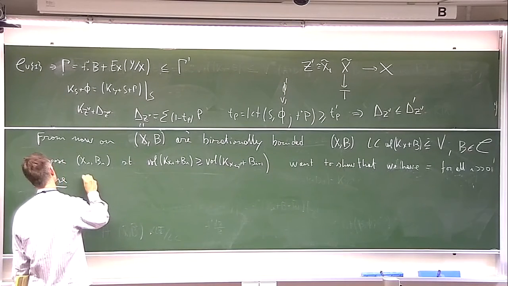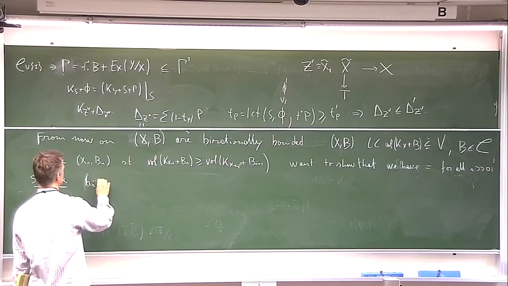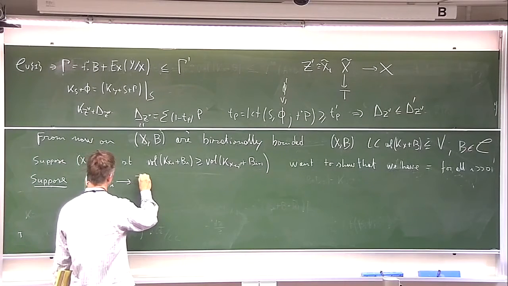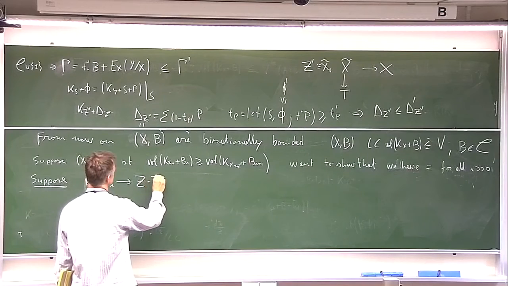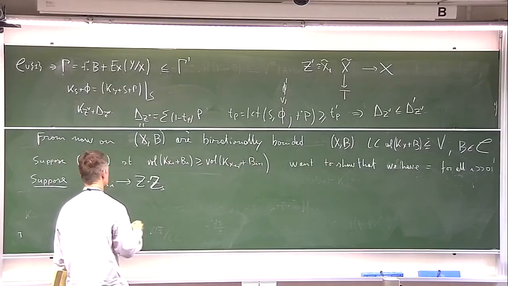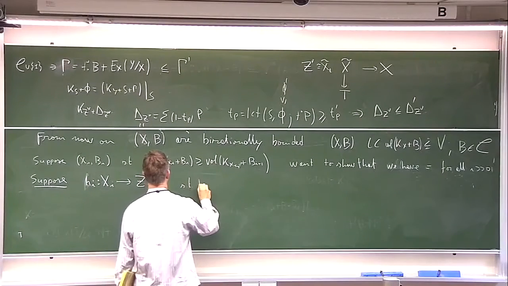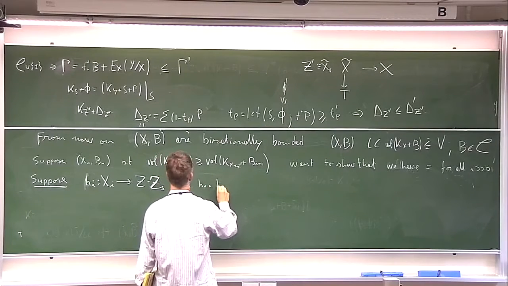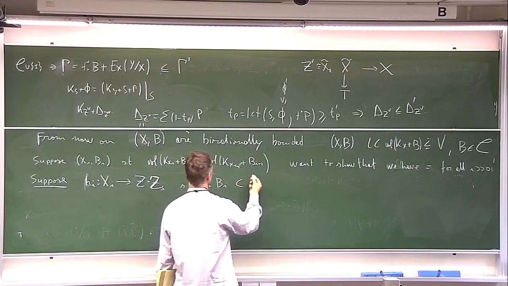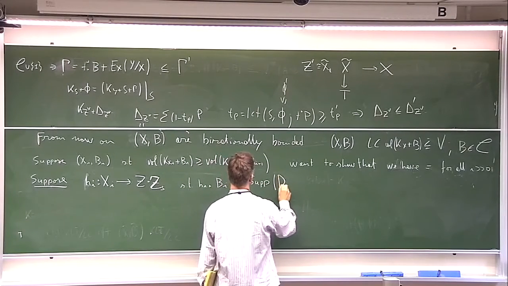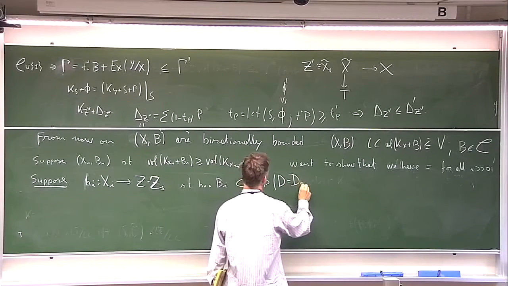So suppose that we have morphisms h_i from X_i to a fixed Z. So this is, of my fancy family, this is just one fiber, such that h_i lower star of B_i is contained in the support of the divisor D, which again is sort of my fancy D on this one fiber.